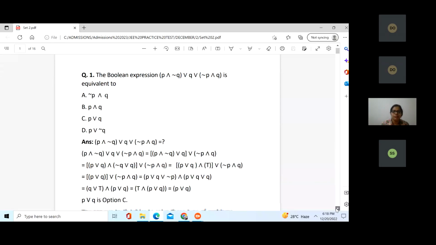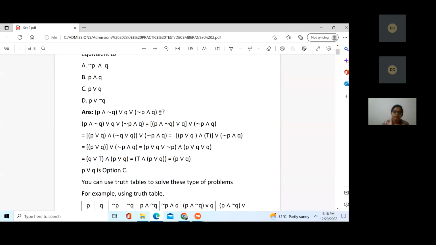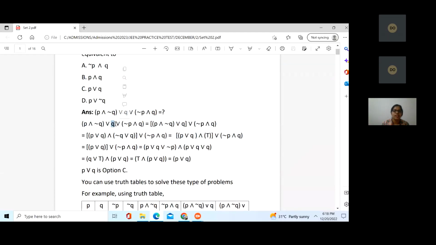So how we are going to solve this problem. This is what is given in the question: P and negation Q or negation P and Q. How will I write this? I'm going to take this particular section as one part.